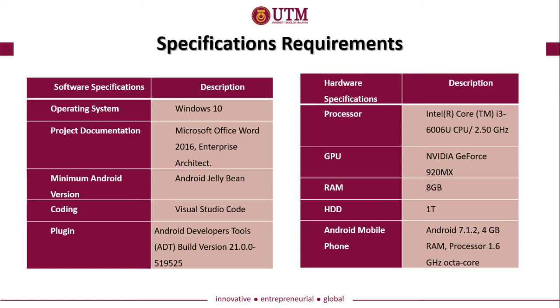For the hardware requirements to develop a system, it's also essential to ensure the system's sustainability is in good condition and can support the system to be developed. So for the processor of my laptop, I use Intel Core i3 and with the NVIDIA GeForce GPU.